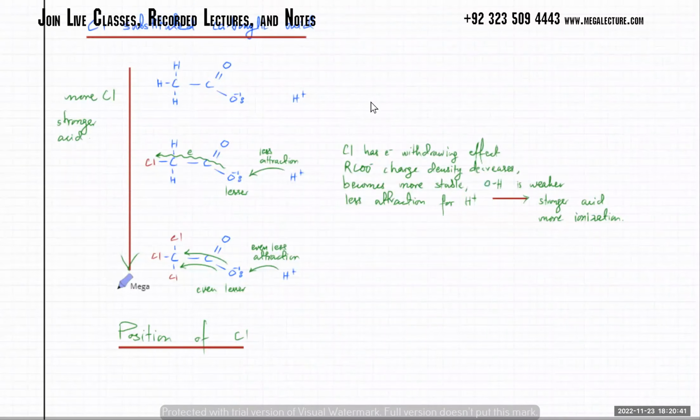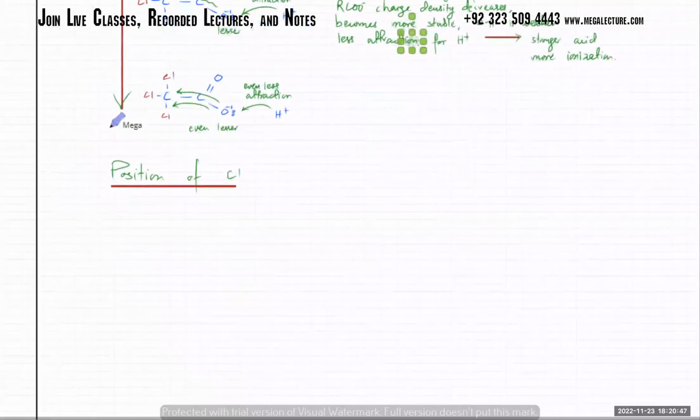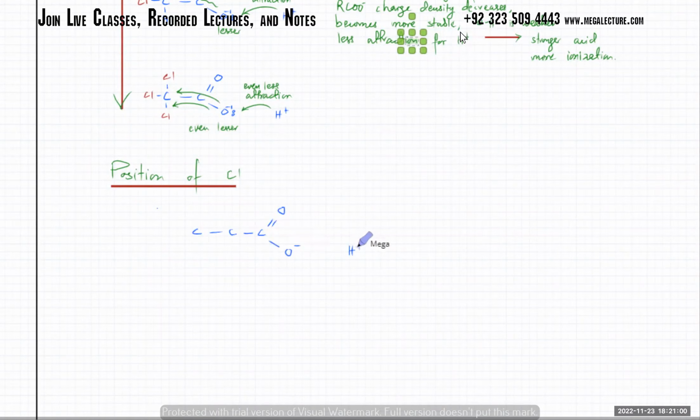Okay, now the next one, the position of the Cl also matters. What matters is where exactly the Cl is, okay? So let's say you've got a propanoic acid molecule and there's double bond O and OH, okay? The acid dissociates, okay? The O has, on this there are hydrogens, and there is one Cl.